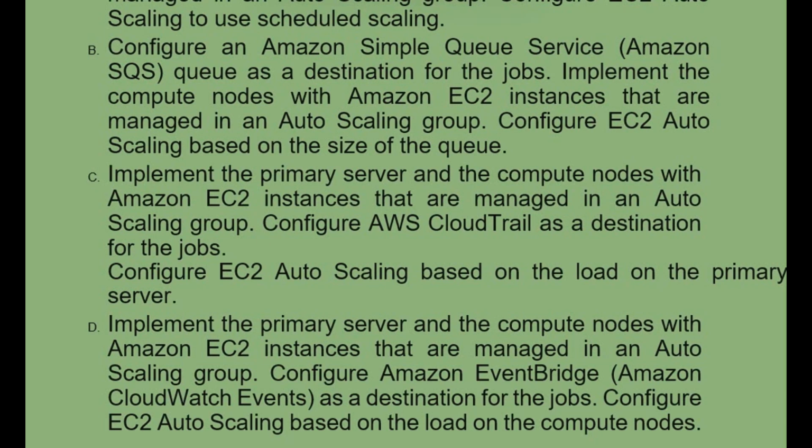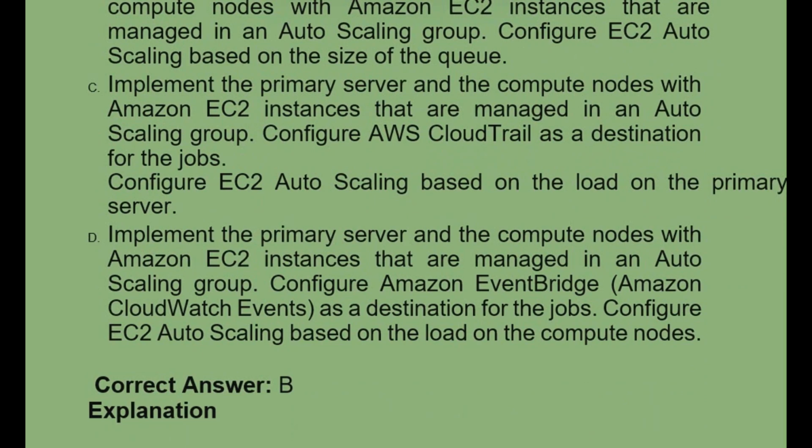Option D. Implement the primary server and the compute nodes with Amazon EC2 instances that are managed in an auto-scaling group. Configure Amazon EventBridge (Amazon CloudWatch Events) as a destination for the jobs. Configure EC2 auto-scaling based on the load on the compute nodes. Correct answer is option B.